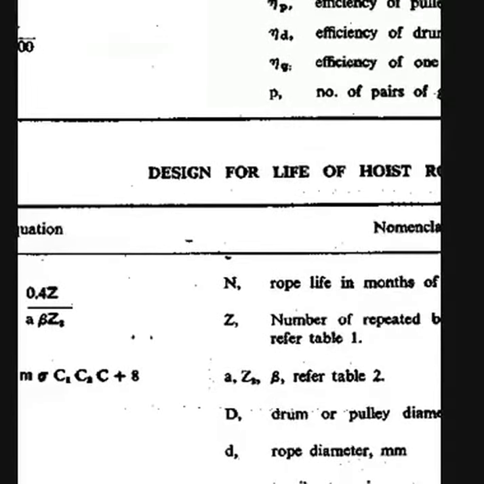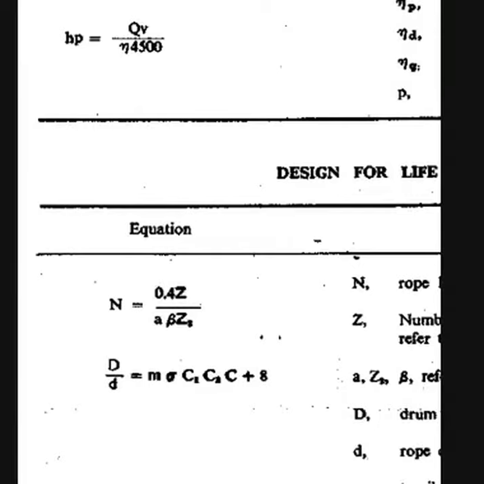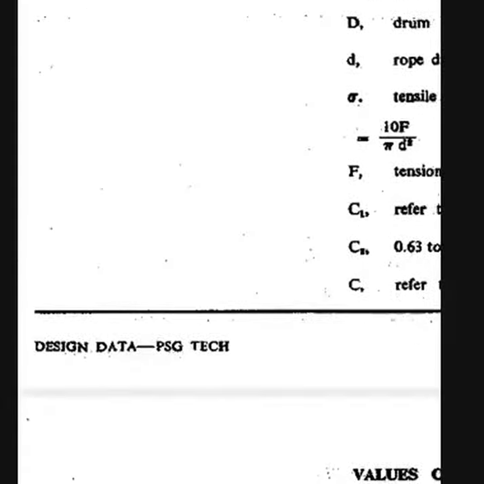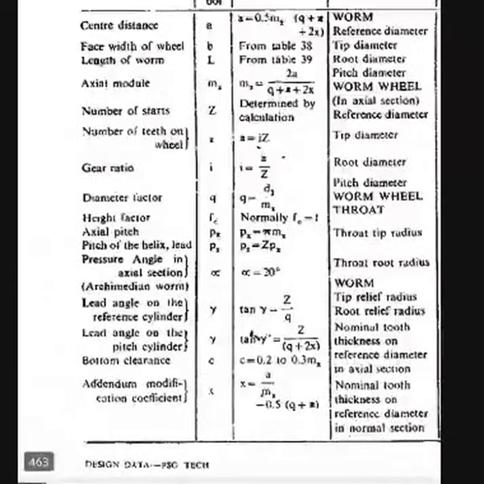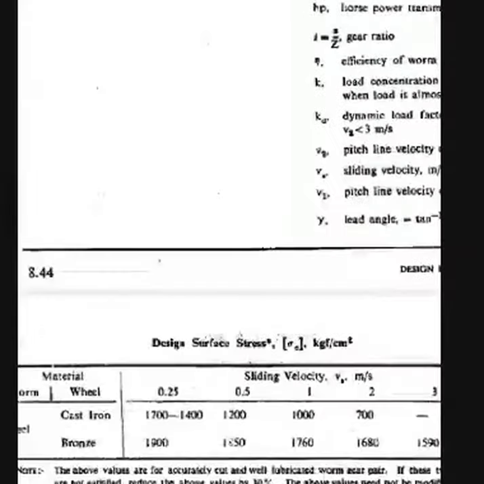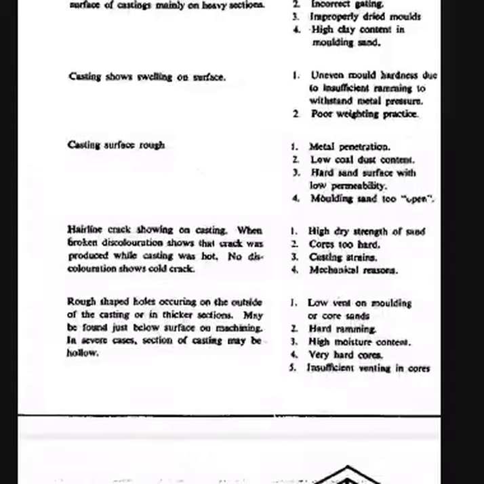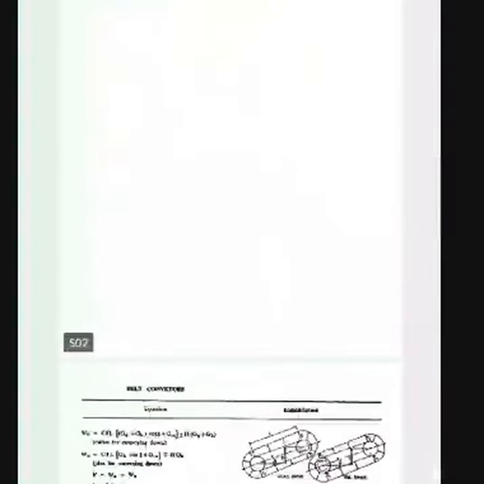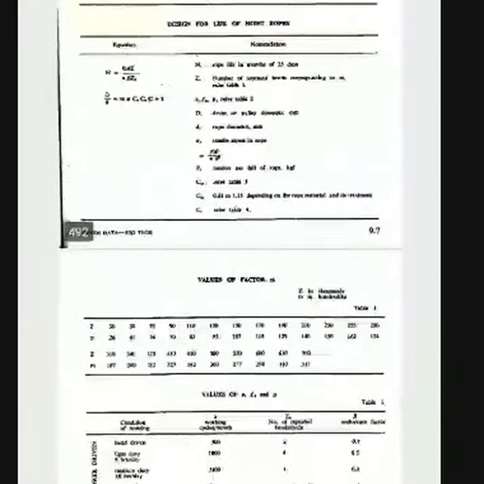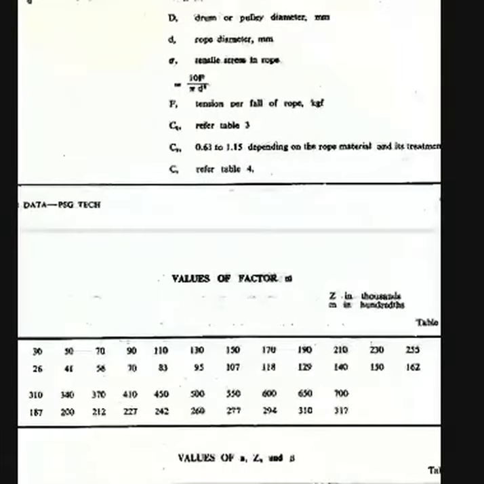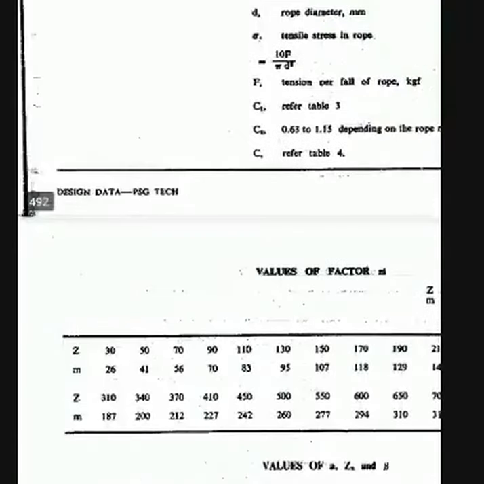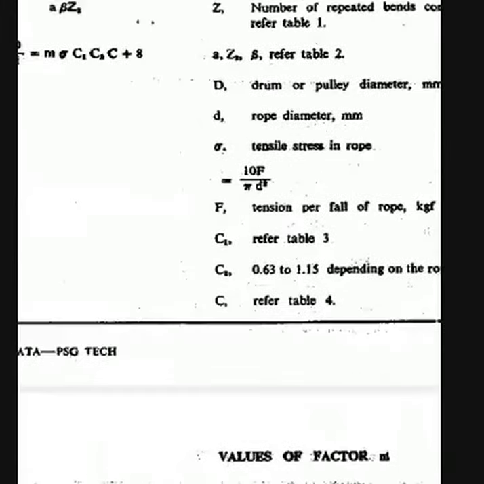Is it understood? First we have to find M from the lower formula, then from the table, based on the value of factor M, we will select Z. So Z will come.